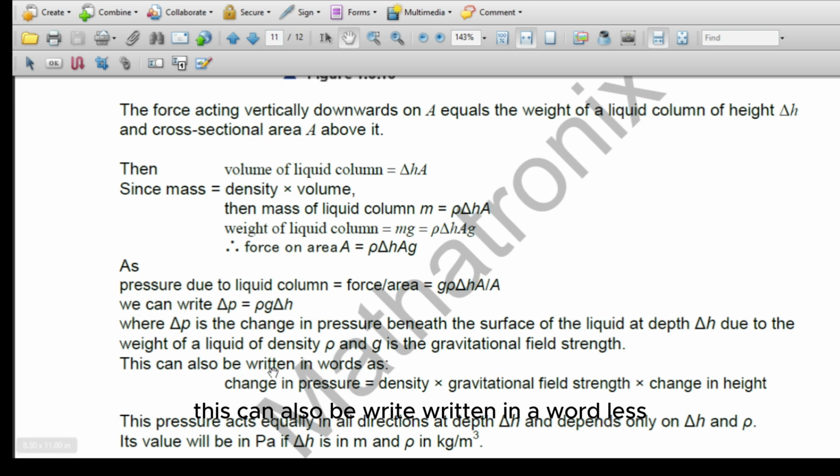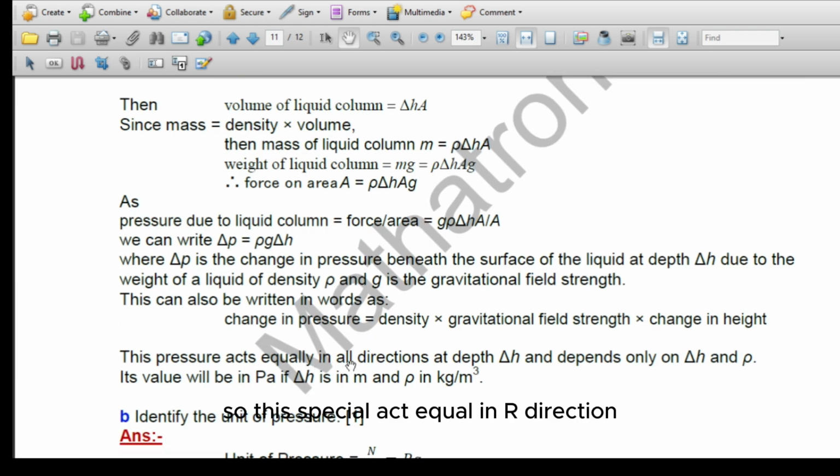This can also be written in words: rho is the density, g is the gravitational field strength, and delta H is the change in height or change in depth. So this pressure acts equally in all directions at depth delta H and depends only on delta H and rho.